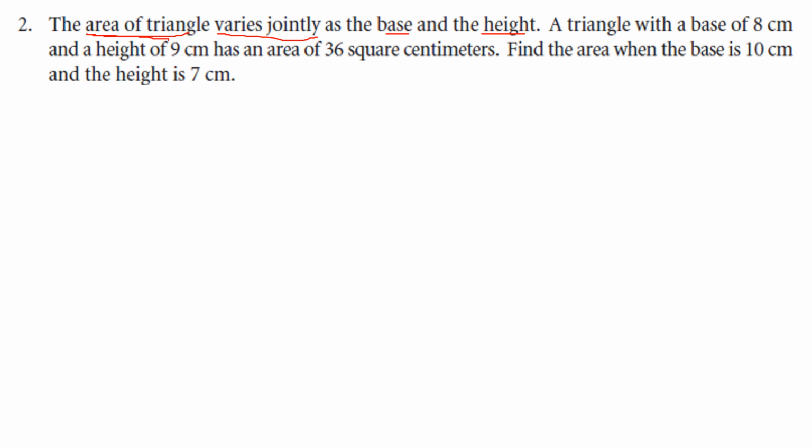Since it doesn't give letters, we represent them ourselves. It could be X or Y. As for me, I represent the area as big letter A, the base as B, and the height as H. So, we translate this into a mathematical sentence: the area of the triangle, which I represent as A, varies jointly, so K, as the base times the height. Okay? Next process is we solve for K.